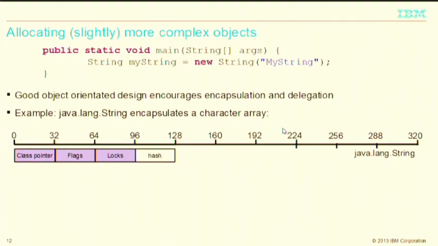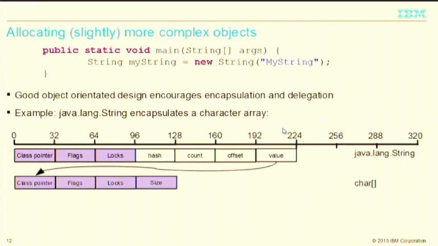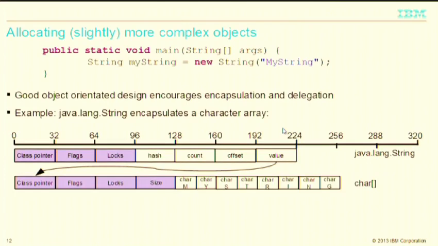Then inside a string object, there's a field called hash, another field called count, and a field called offset, so that's basically the length of the string and the offset into the string. And then I have a field called value, and value is actually a reference to a character array. That character array will store your data.